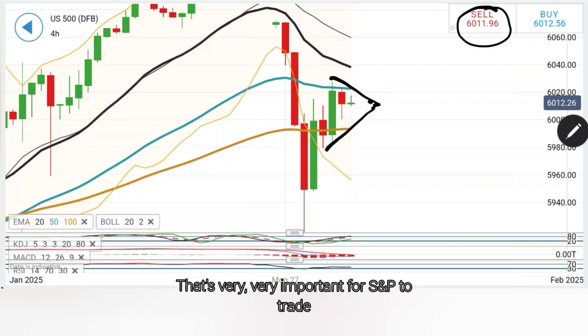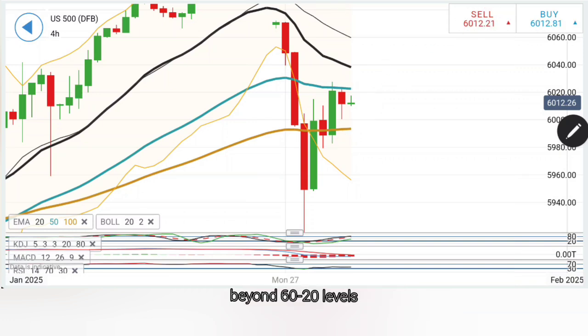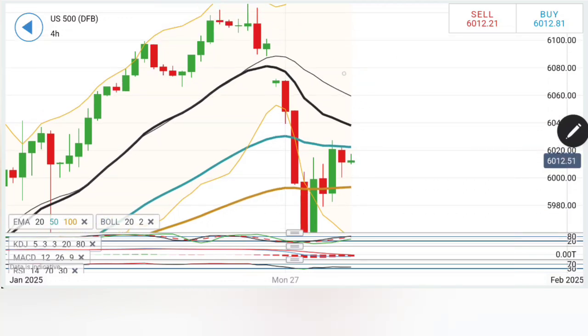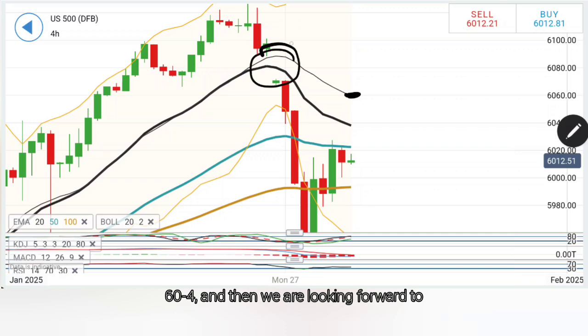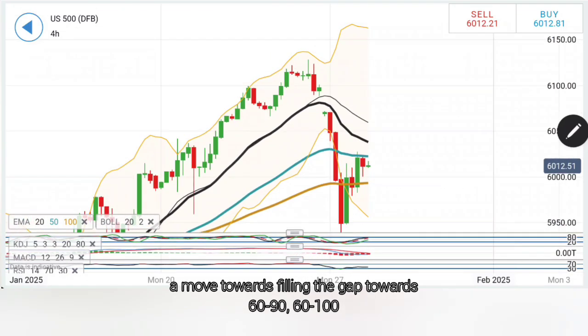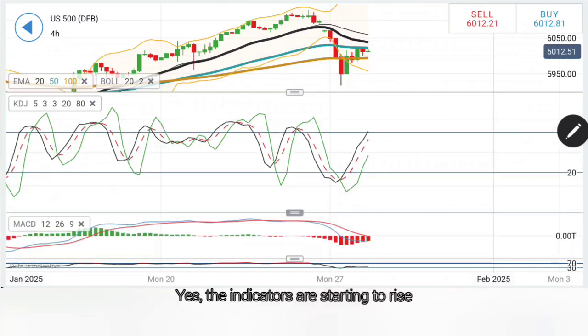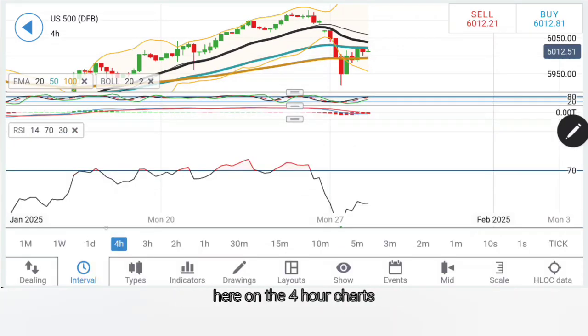It's very, very important for S&P to trade beyond 6020 levels, and then you can expect 6030-32, 6040, and then 6050-52. Beyond that, 6060, 64, and then we are looking forward to a move towards filling the gap towards 6090, 6100. Yes, the indicators are starting to rise here on the 4-hour charts.